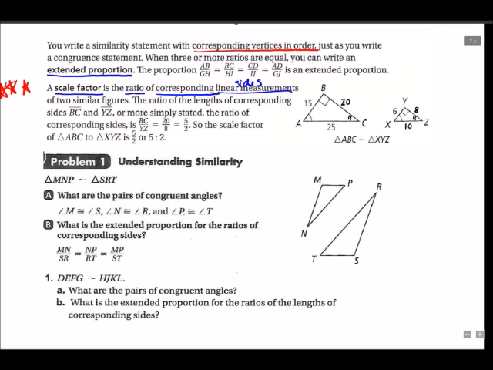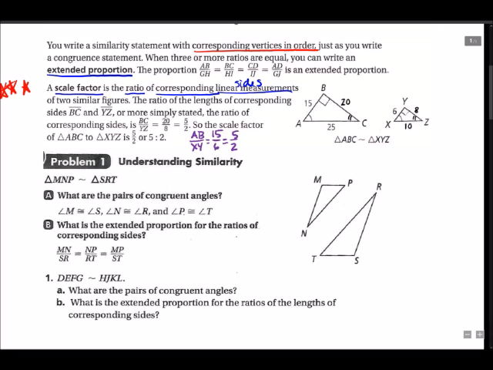So if we look at side AB, who does it compare to? To XY. Well, what's the length of AB? 15. Length of XY is 6. We reduce, divide both by 3, we get a 5/2 ratio.